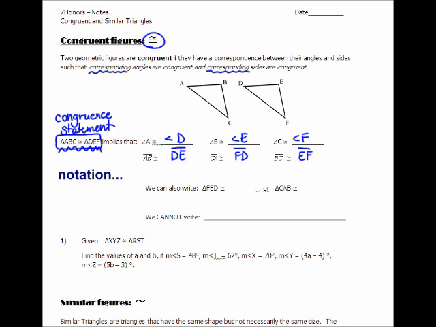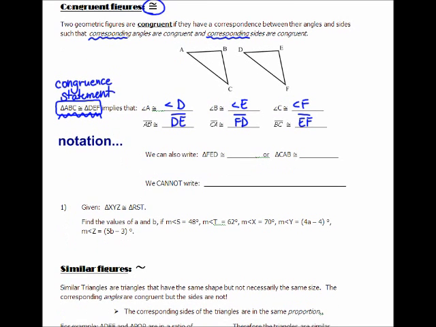Now I want to talk about notation for a minute, because you'll see that I'm writing these little segment notation things here, and this is what we use when we're talking about things being congruent. If I want to talk about the measure of something, the measure of side AB, let's say, is 10 meters, and the measure of side DE would also be 10 meters.